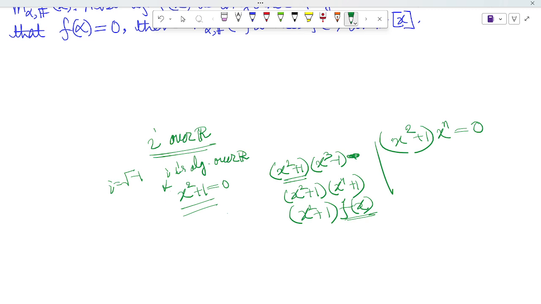There will be tons of equations. For example, i will satisfy this equation squared. I will satisfy these equations over R. Sorry, just a minute.